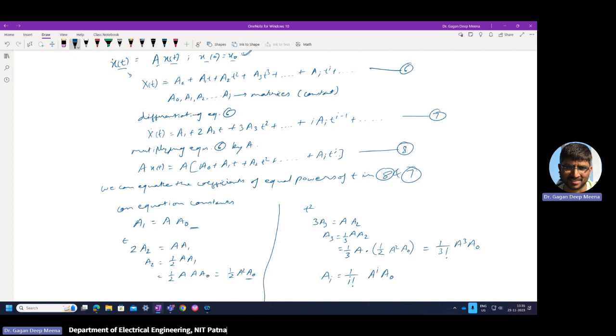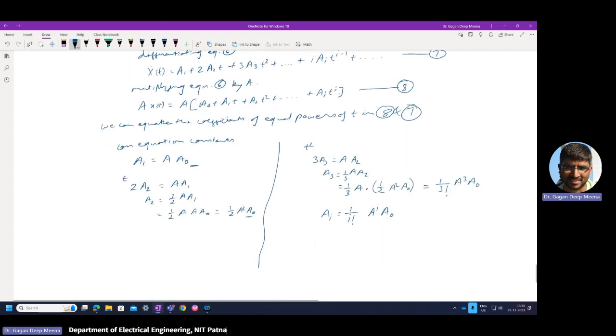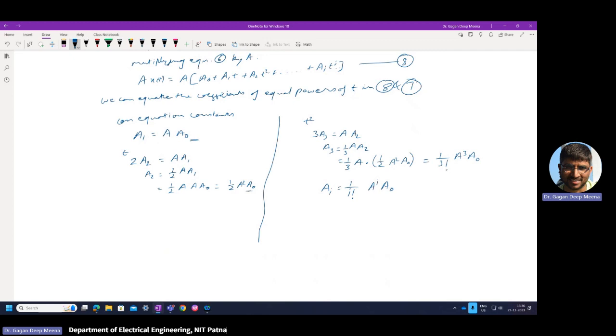So in this analysis, we are understanding that all these matrices A1, A2, A3 can be expressed in terms of A and A0. So this expression would replace A1, A2, A3 till Ai in the assumed solution of x of t.